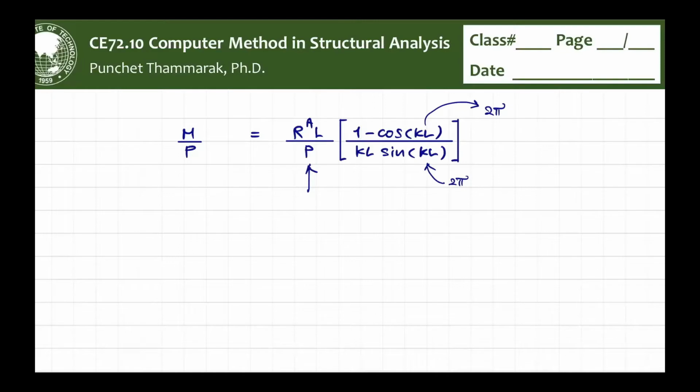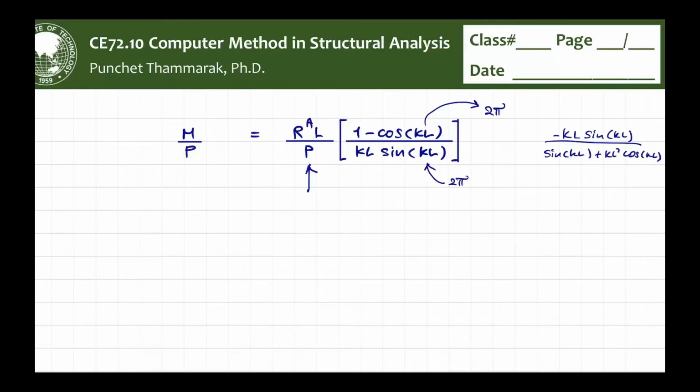Well, if we apply L'Hopital's rule here, you get cosine, you get minus k. Differentiate cosine, you get the thing inside, right? So you get the KL and then sine KL in there, divide by sine KL plus KL squared cosine KL, right? But still this part here, RA over P will be 0.